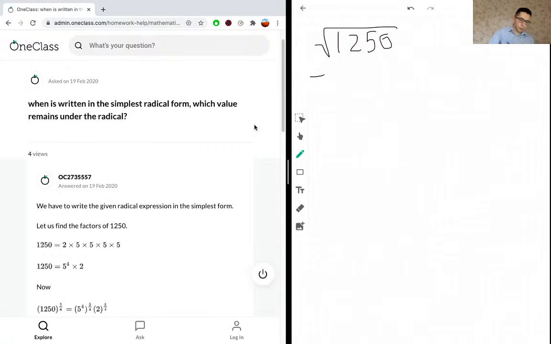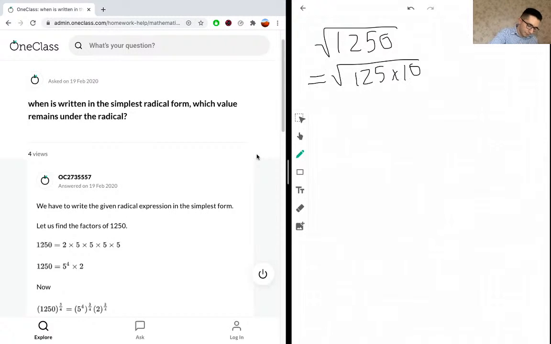So looking at this, we want to think of factors of 1250. 1250 is a big number, so we want to split this up to make it easier for us to find the factors. So we can look at the zeros. Zeros are always easy to split up, so we'll say the square root of 125 times 10. So we're looking at 125.